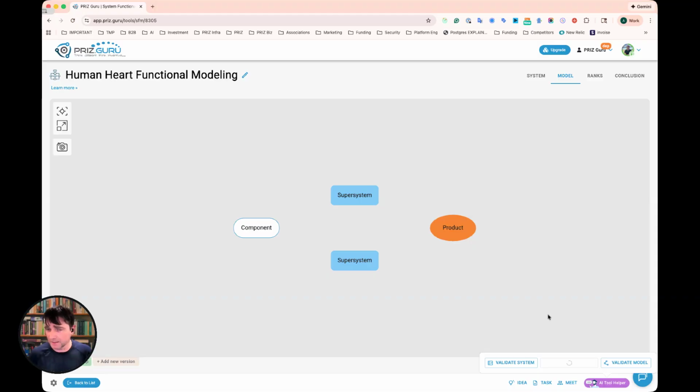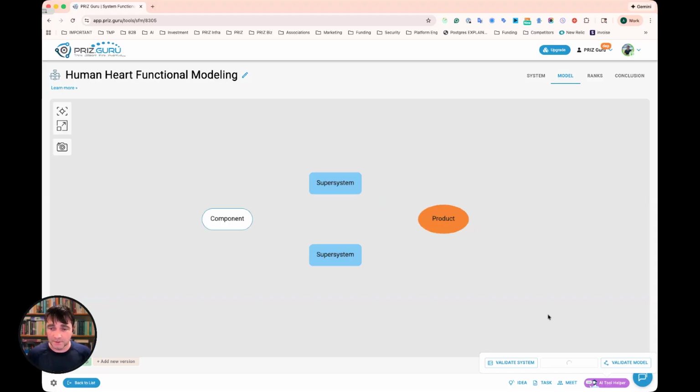So something that, as I mentioned, takes hours, days, sometimes more to build a functional model, we typically get here in under a minute. So let's see what it builds for us.